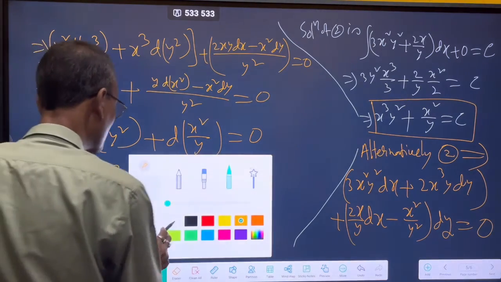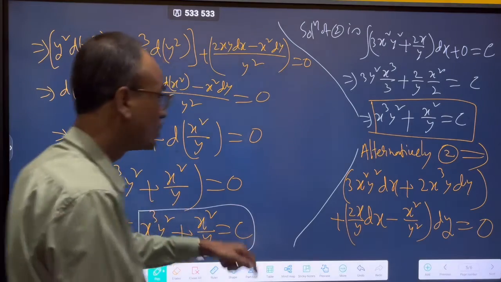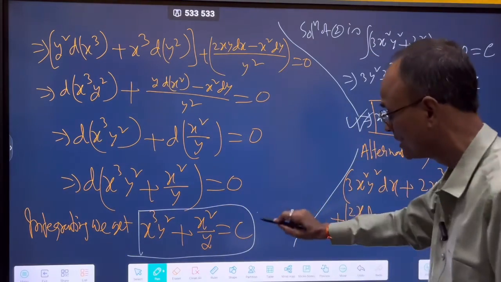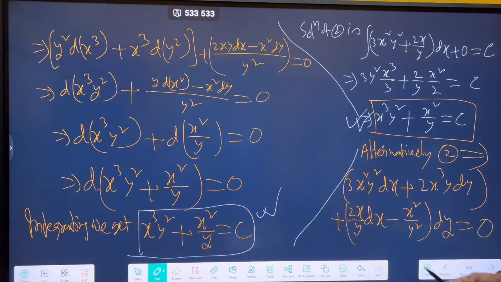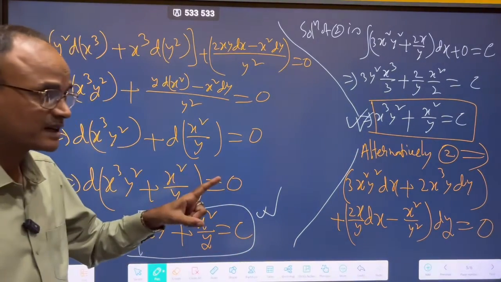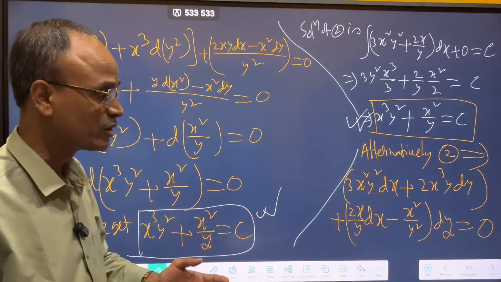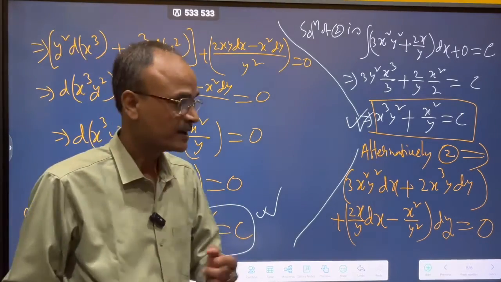You see, we have got the same result. Therefore, multiplying the differential equation by the integrating factor, we can convert the differential equation to exact form.